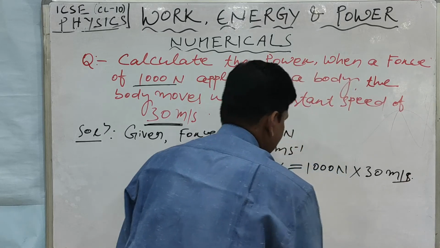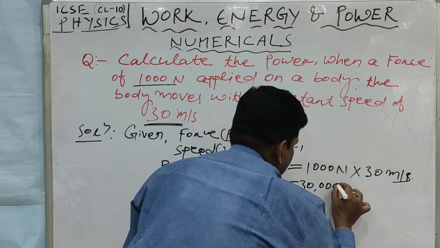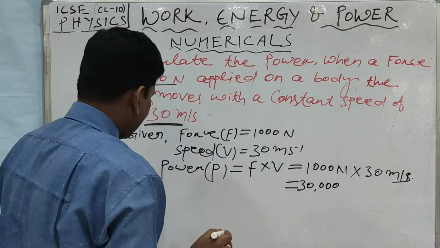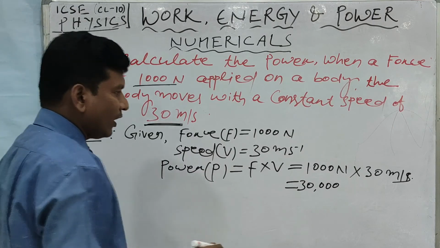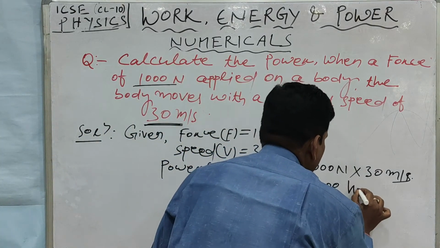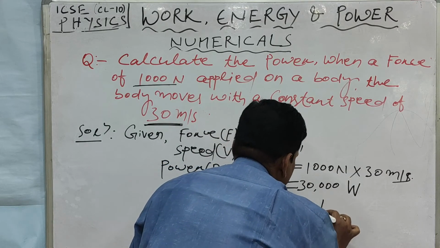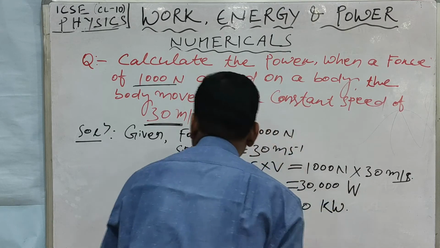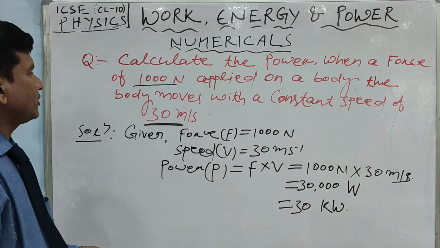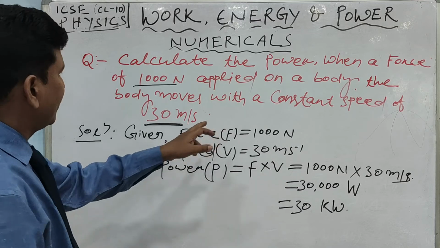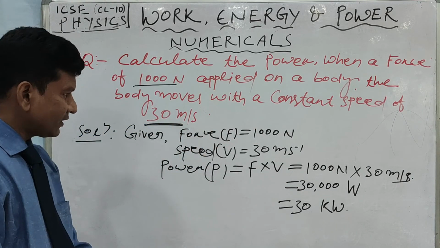So that is equal to 30,000. Since we are going to find the power, the unit of the power in the SI system is watt. So you write there watt, W, or that will be your 30 kilowatt. So this is the power spent by the force when 1000 Newton force is applied on the body and the body moves with the speed of 30 meter per second.